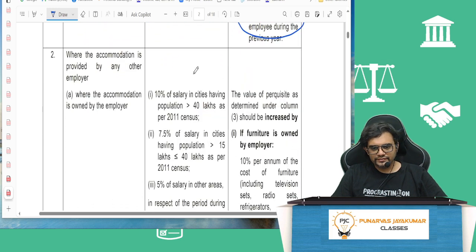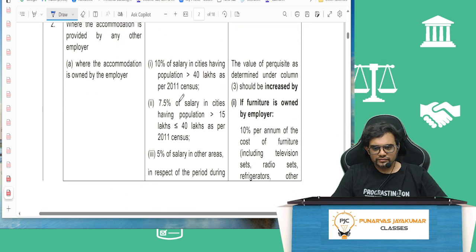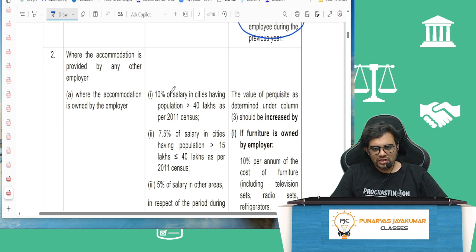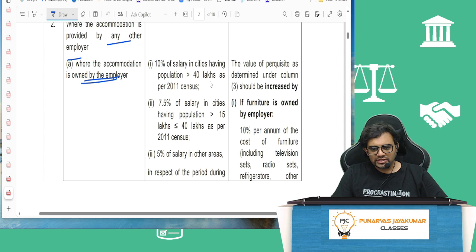On the other hand, where the accommodation is provided by any other employer, where the accommodation is owned by the employer, it is 10% of the salary in cities having population greater than 40 lakhs, 15 lakhs to 40 lakhs, and in other areas. So this has changed, guys.